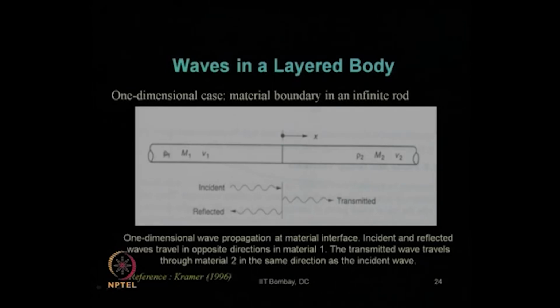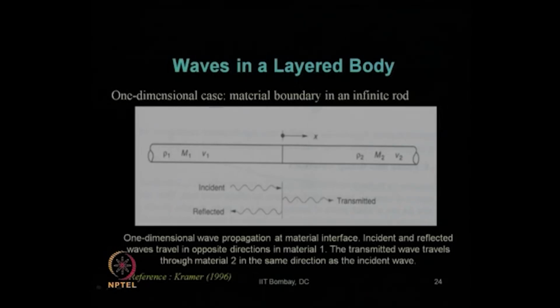So, what are the basic properties of material 1? Rho 1 is the density of material 1, M 1 is the constrained modulus of material 1, and V 1 is the velocity of wave. If it is a longitudinal wave, it will be the P wave, V p 1 in this media, and similarly for the second media the corresponding parameters are rho 2, M 2, V 2 respectively. So, this shows one dimensional wave propagation at a material interface.